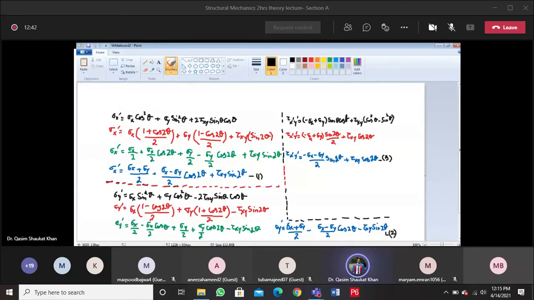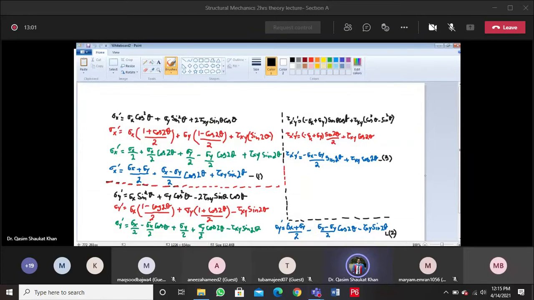Cos square theta minus sin square theta is equal to cos 2 theta. So this equation will become plus tau xy cos 2 theta.